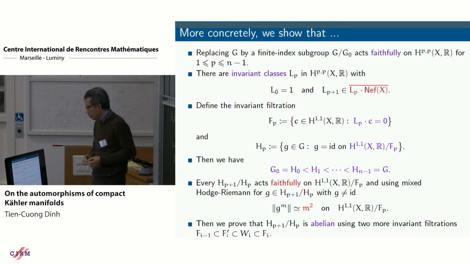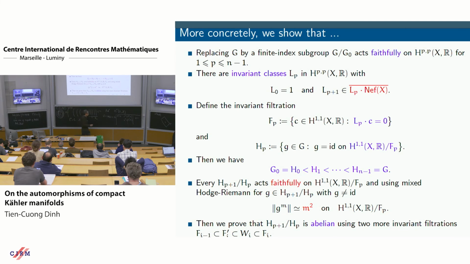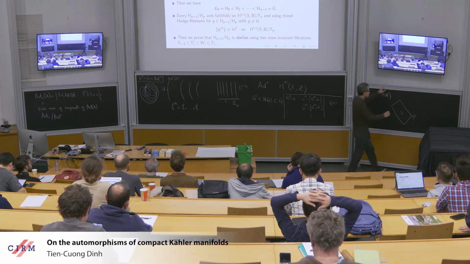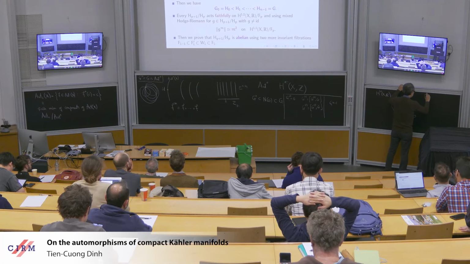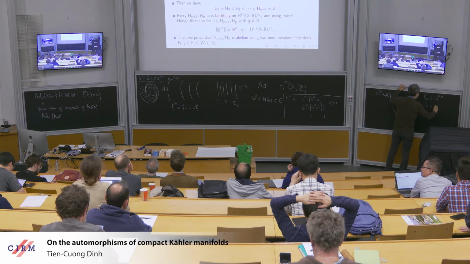Then inductively we produce some invariant classes. The invariant classes L_p are constructed in the following way. L_0 belongs to H^{0,0}, which is the trivial case, and L_1 is in H^{1,1}, and so on.